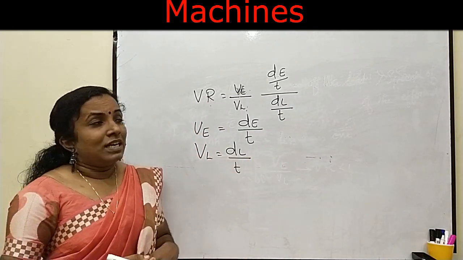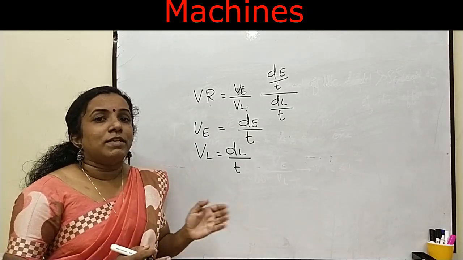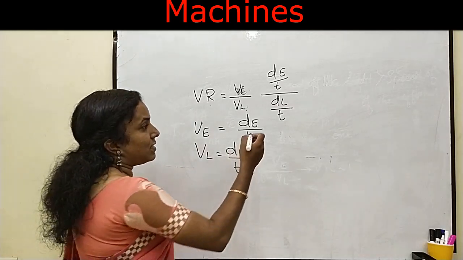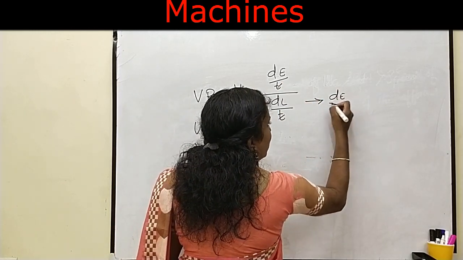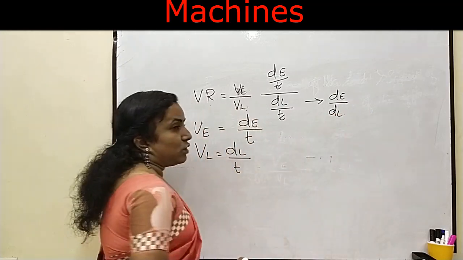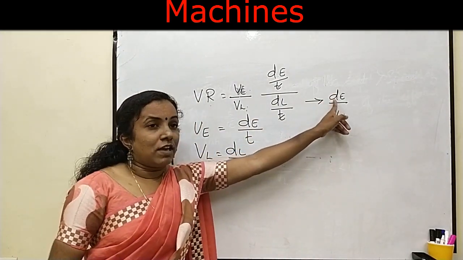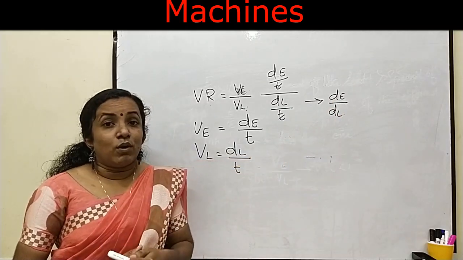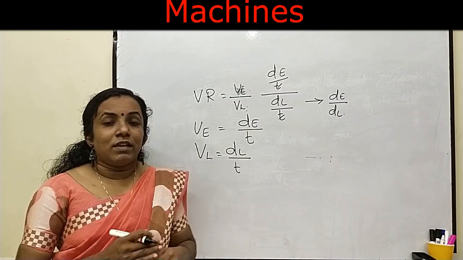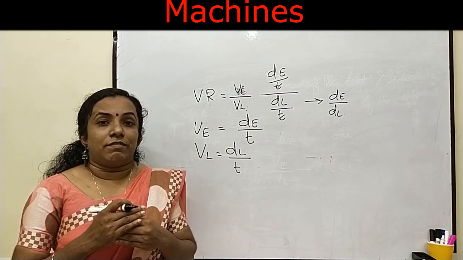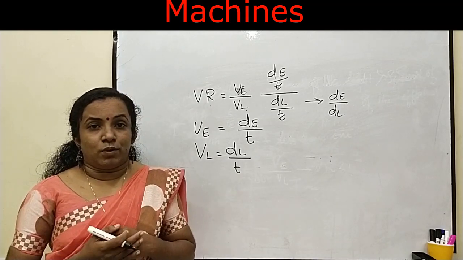We all know load and effort moved for the same interval of time. So we can cancel this time so that we can write displacement of effort by displacement of load. So velocity ratio can be defined as displacement of effort by displacement of load in the same interval of time, since we are moving load and effort in the same interval of time. So this is about velocity ratio.